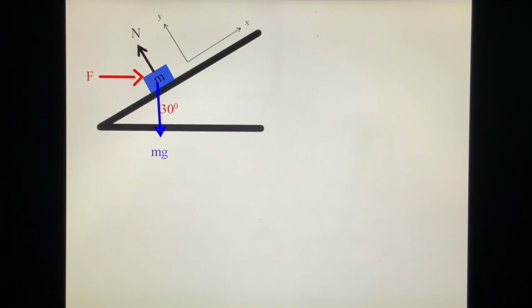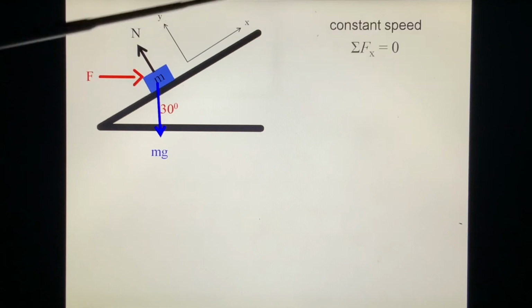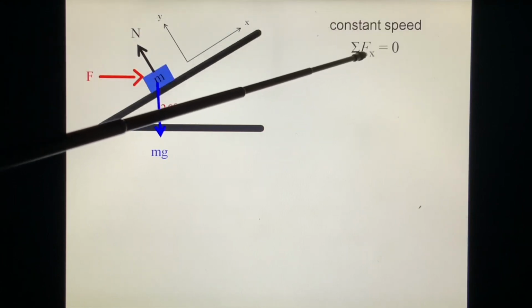Let me take the frame. X is along the ramp up. This is Y. So we write the components along the X direction. Normal force does not have a component along X direction. F does. So we have sigma Fx equal to 0.